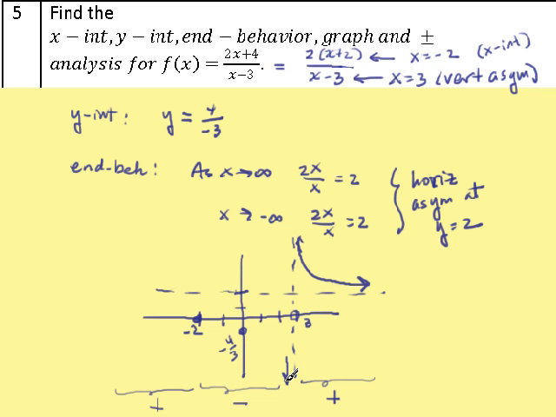It'll go through the x-intercept, and it's going to level off. All right, that's a little bit crooked, but it's going to level off at y equals 2 at this horizontal asymptote. So that's more or less the graph, not drawn very well.